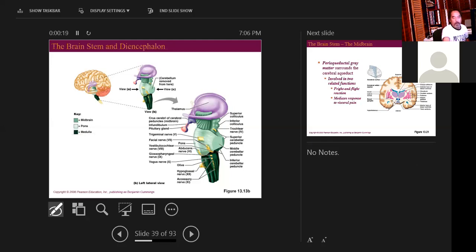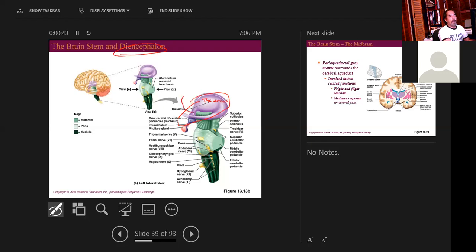Okay, so we're going to go into the diencephalon now. We're actually at the area of the diencephalon. We came from the brainstem, now we're going to the diencephalon, and the last part is going to be the cerebrum. The purple structure is the diencephalon. We have the thalamus. The structure looks like an egg.